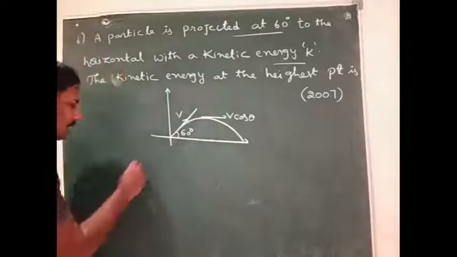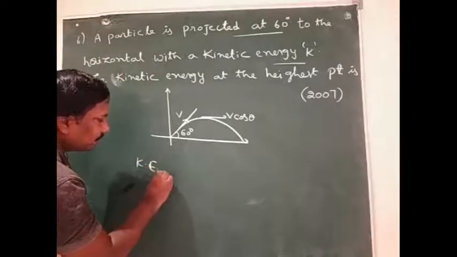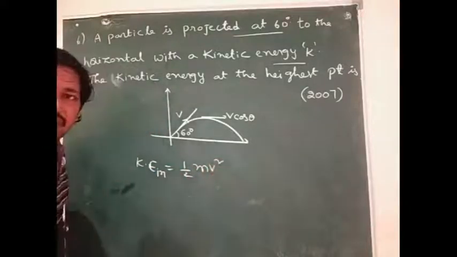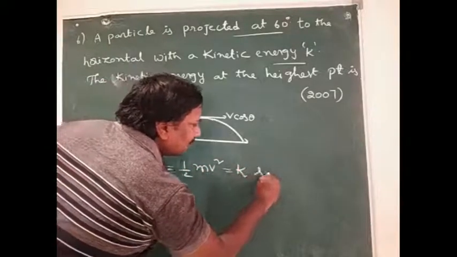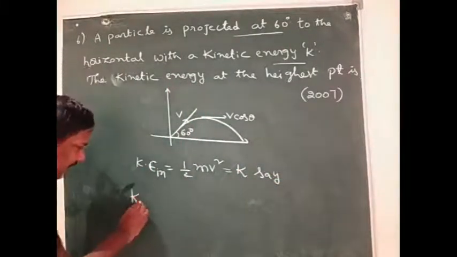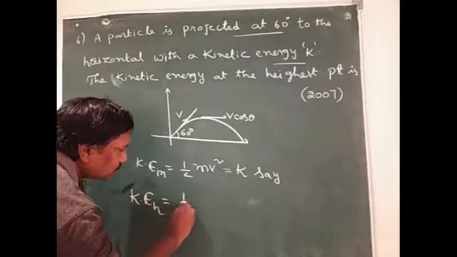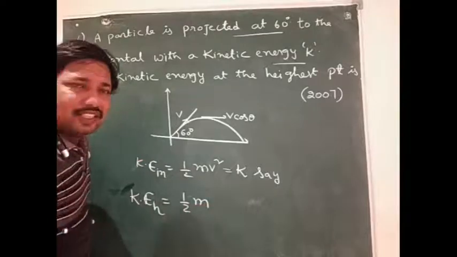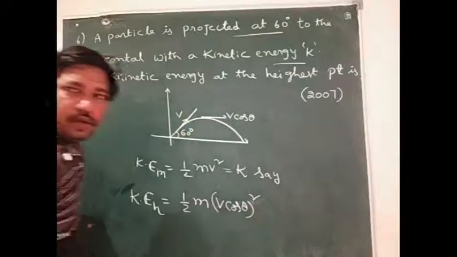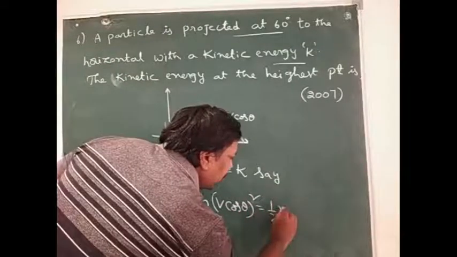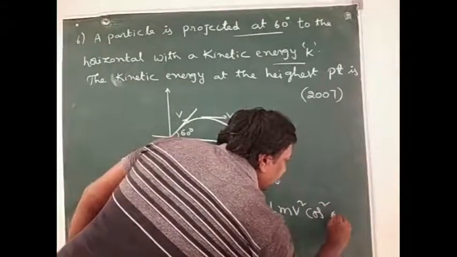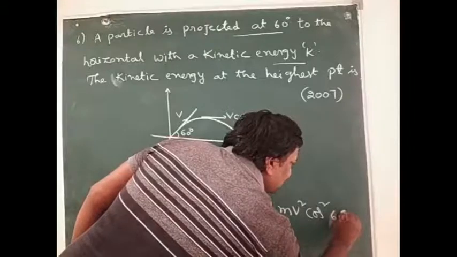Here the initial kinetic energy of the projectile, half m v square, is equal to K. Now we can find the kinetic energy at the highest point. At the highest point its velocity is v cos theta, whole square. So half m v square cos square theta, where theta is 60 degrees.